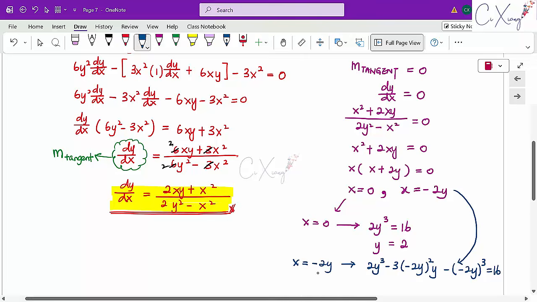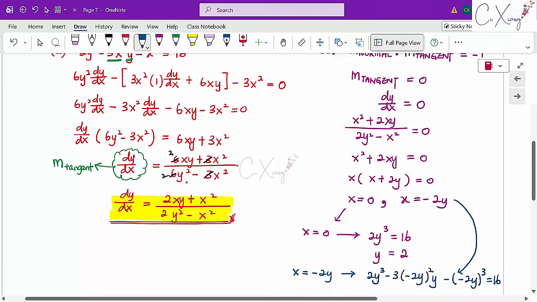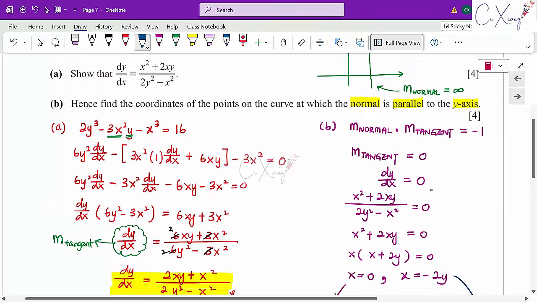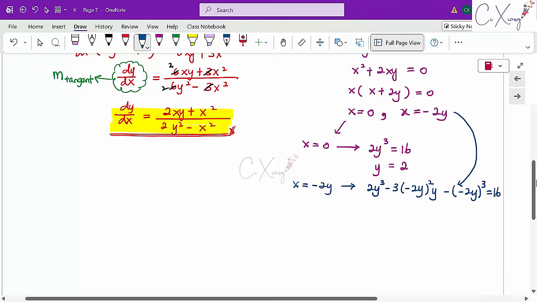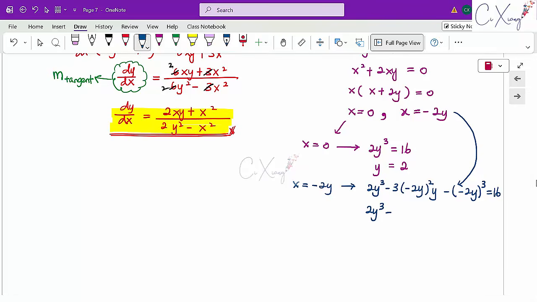Alright, so substitute x equals negative 2y into the original equation. Then we continue solving this equation here. If you don't make any careless mistake, you'll have this. Then negative 2y cubed equals 16.